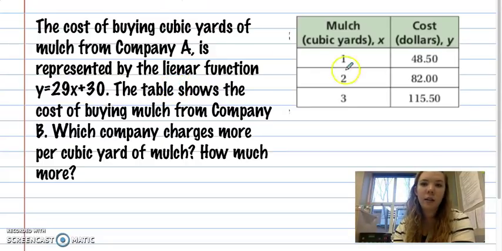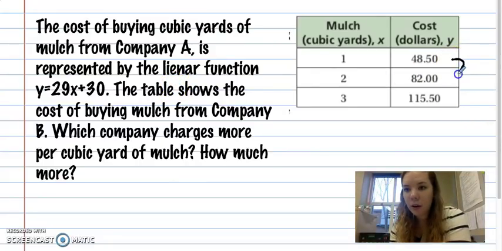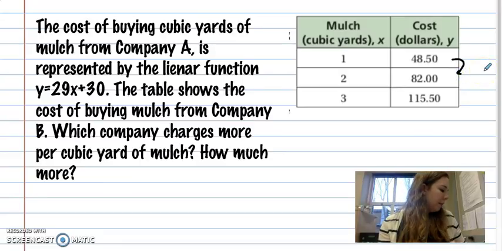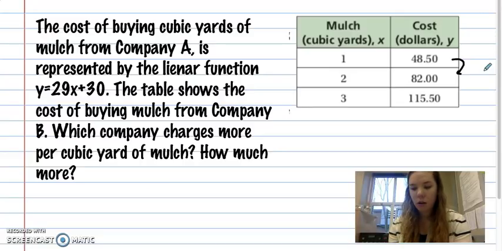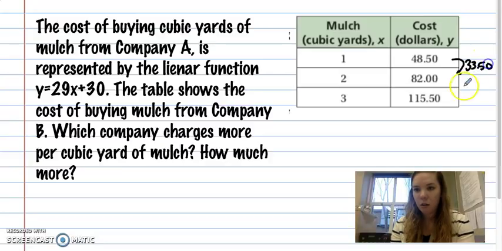So if we look at this one, we have to figure out what they're increasing by. So I'm going to go ahead to figure that out. I'm going to take 82 minus 48.50. So this is increasing by 33.50. Okay, and then on this side, it's increasing by 1. So my slope is going to be 33.50 over 1, which is the same as 33.50.